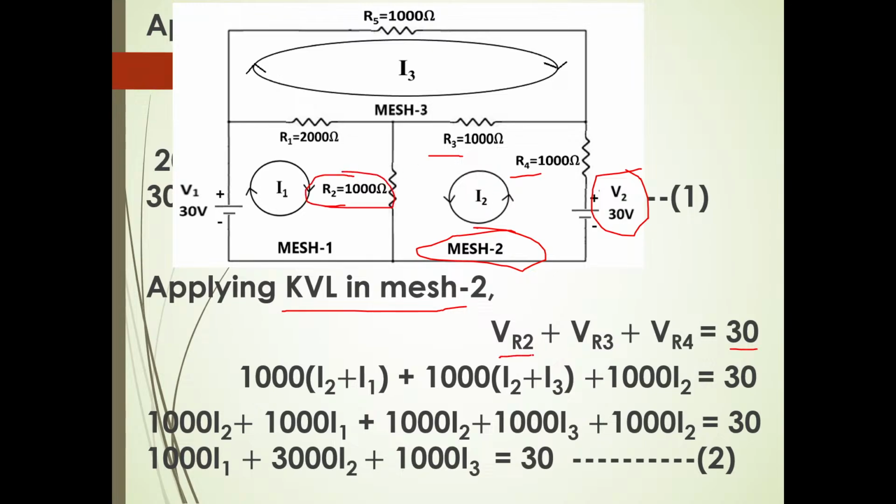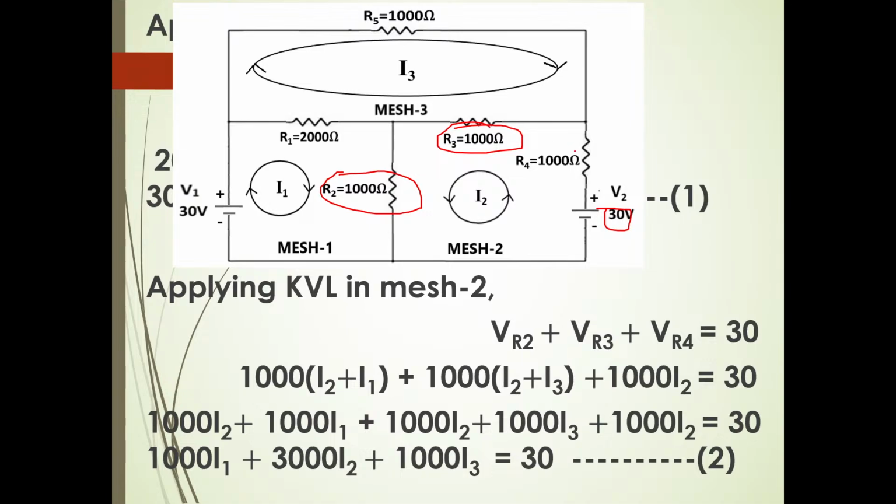So voltage drop across R2 plus voltage drop across R3 plus voltage drop across R4 is equal to 30. That's why VR2 plus VR3 plus VR4 equals 30.